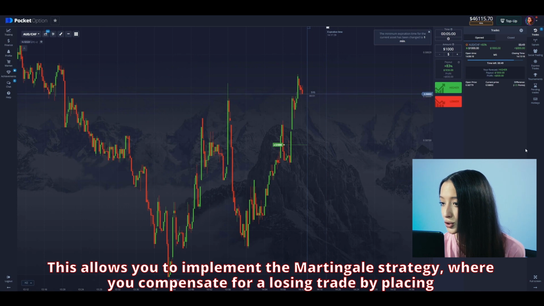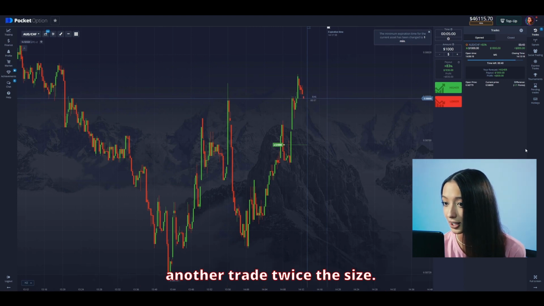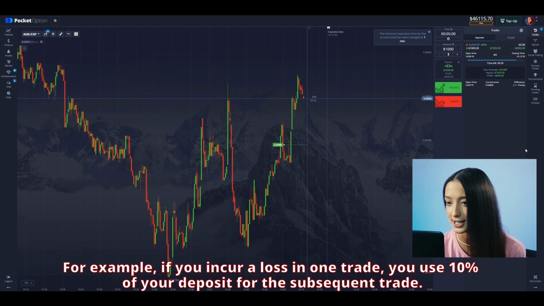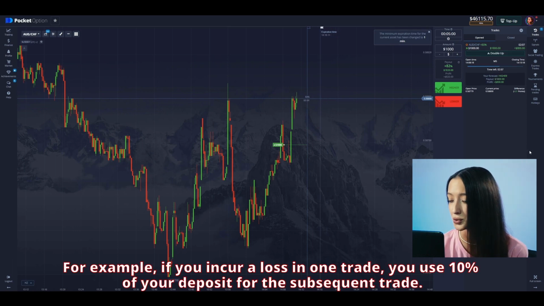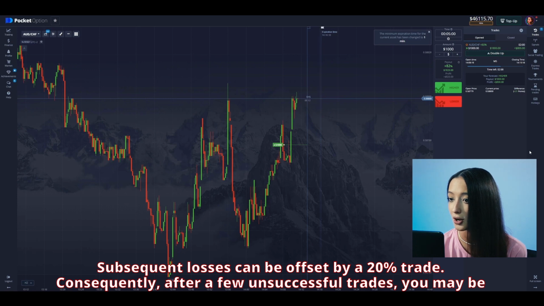This allows you to implement the martingale strategy, where you compensate for a losing trade by placing another trade twice the size. For example, if you incur a loss in one trade, you use only 10% of your deposit for the subsequent trade. Subsequent losses can be offset by a 20% trade.